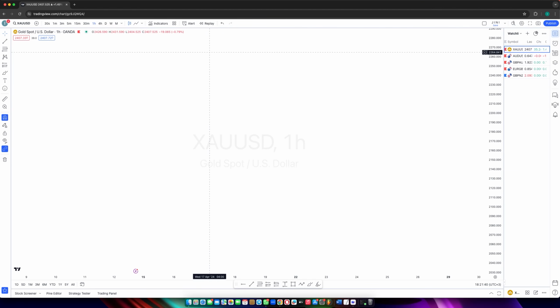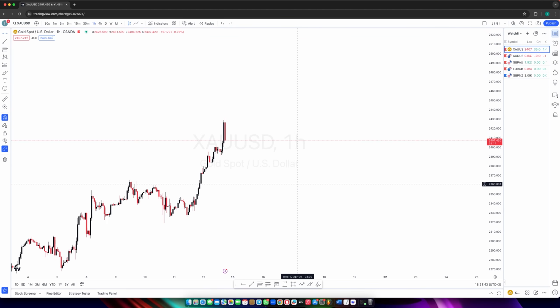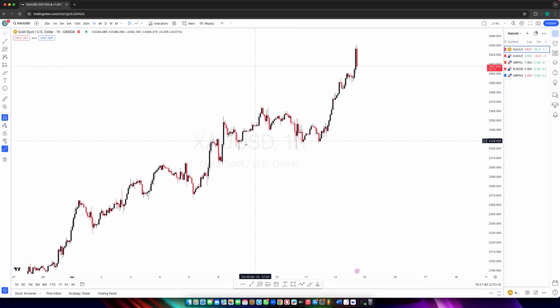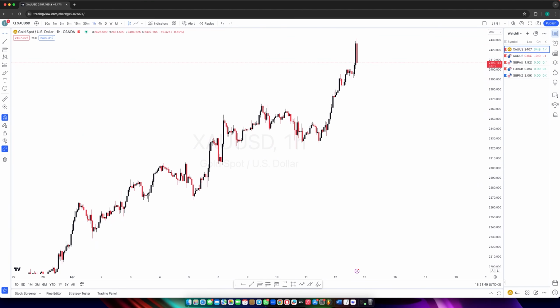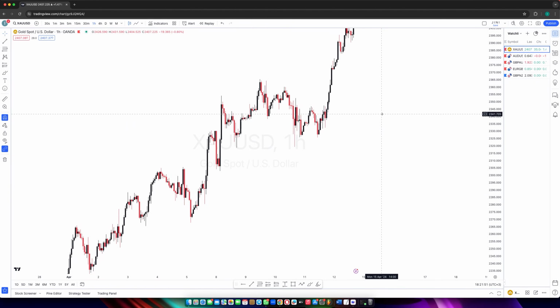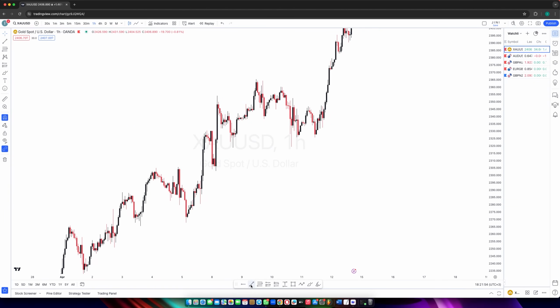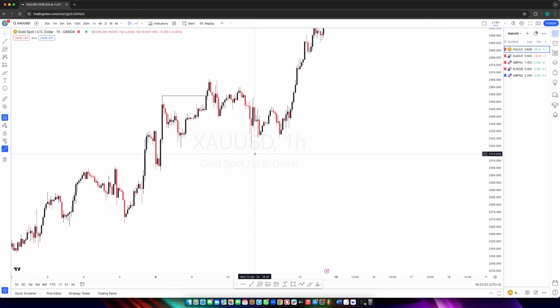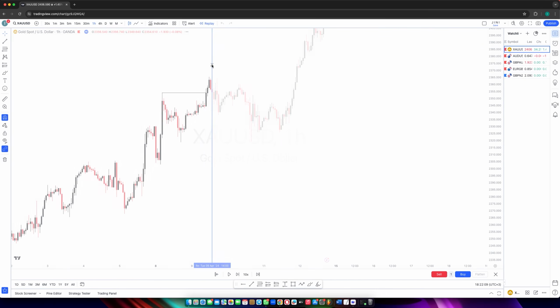So after knowing that, let's try to see some examples. The first one is the gold. This gold here is where we managed to take this entry. This entry was taken on the 1 hour break of market structure, but we also had this break of market structure in the 4 hour time frame. So if someone used the 4 hour time frame, they can also get the same entry.